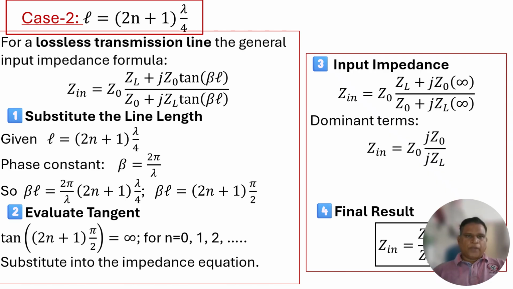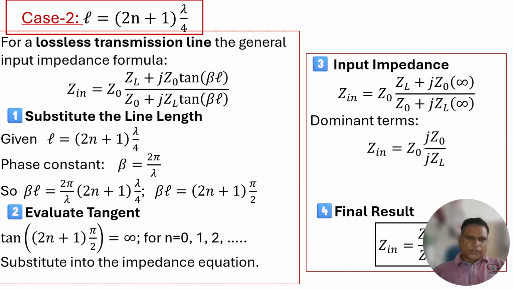Now, we have case 2, where the length L is equal to 2n plus 1 times lambda by 4 for a lossless transmission line. The general input impedance formula is given here. Now, substitute beta into L. Suppose when n is equal to 0, L is equal to lambda by 4. When n is equal to 1, L is equal to 3 lambda by 4.